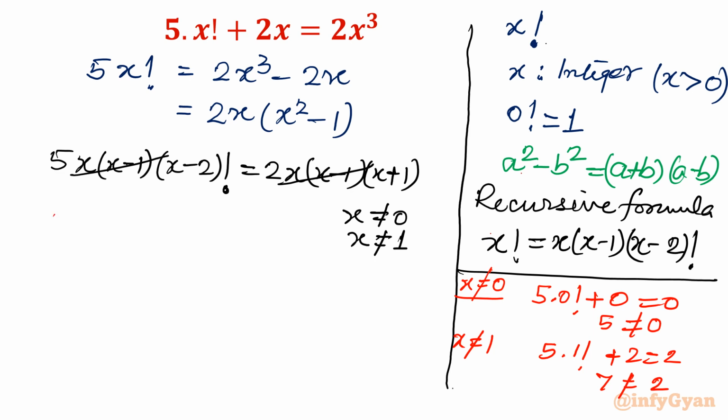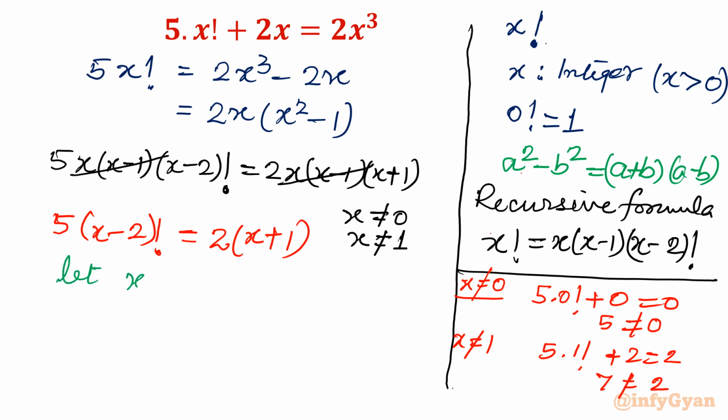Now what is left? 5 times (x minus 2) factorial is equal to 2 times (x plus 1). Okay, done. Now I am going to give a substitution. We'll consider, let x minus 2 be equal to y.